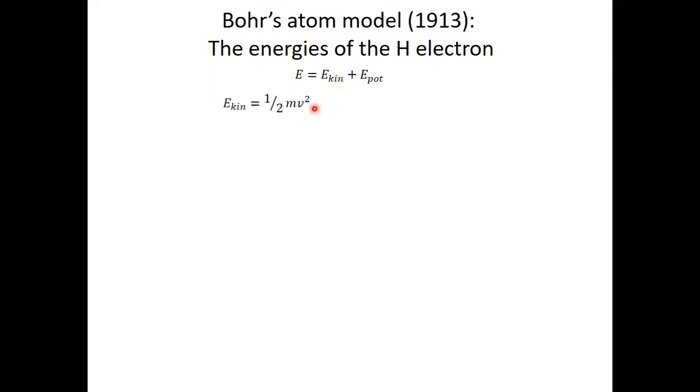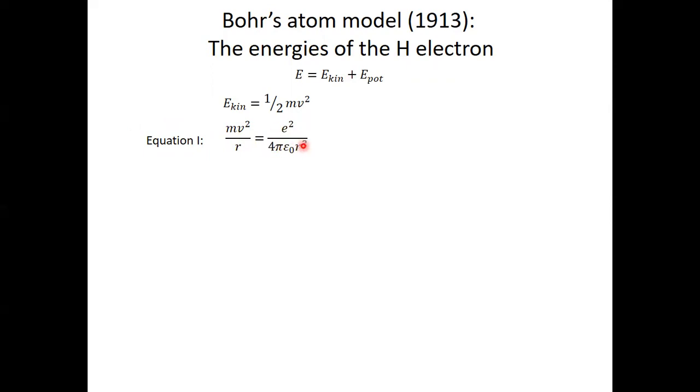We can start with the kinetic energy. The kinetic energy of a moving particle is given by the formula 1/2 m v squared. We know from our previous equation 1 that m v squared over r is e squared over 4 pi epsilon 0 r squared.